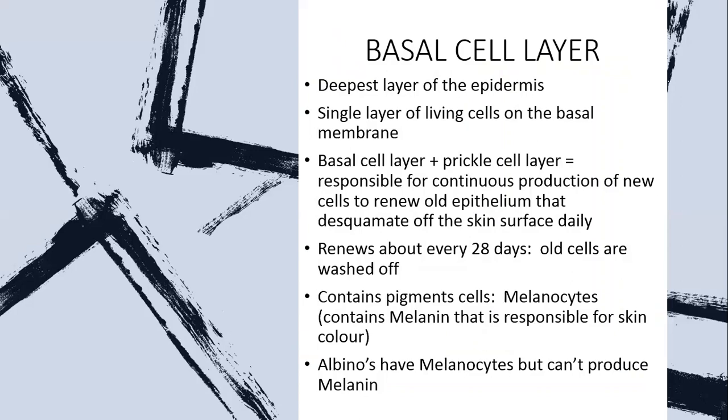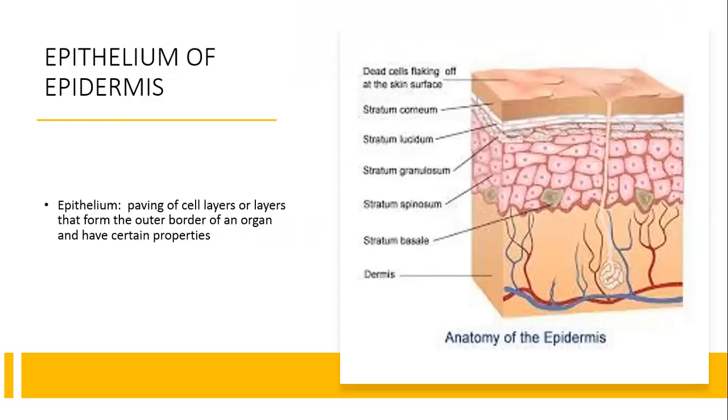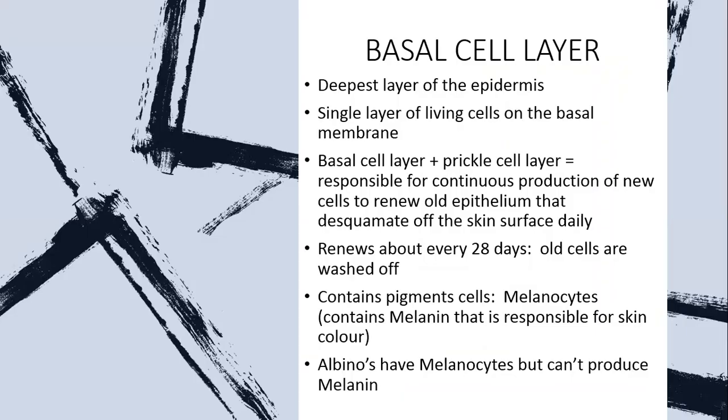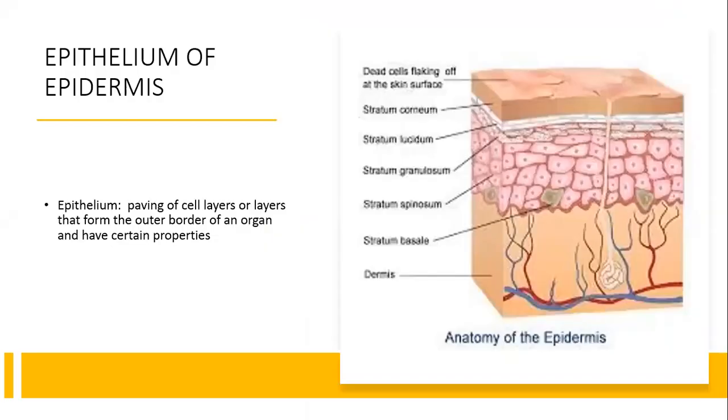If we look at the basal cell layer, which is the deepest layer of the epidermis, it's a single layer of living cells, and these living cells are on the basal membrane. The basal layer and the prickle cell layer, the stratum spinosum, also known as the prickle cell layer, look like little pin cushions under a microscope.